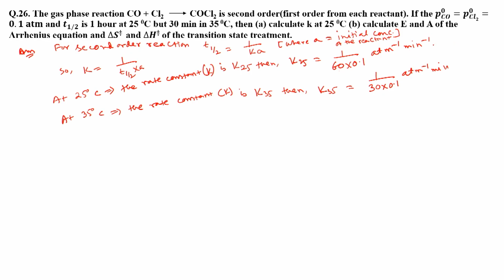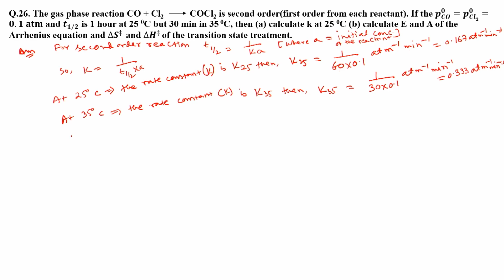So for the previous one we get 0.167 atmosphere inverse minute inverse, and here we are getting 0.333 atmosphere inverse minute inverse. So from the half-life periods we got the actual rate constants.